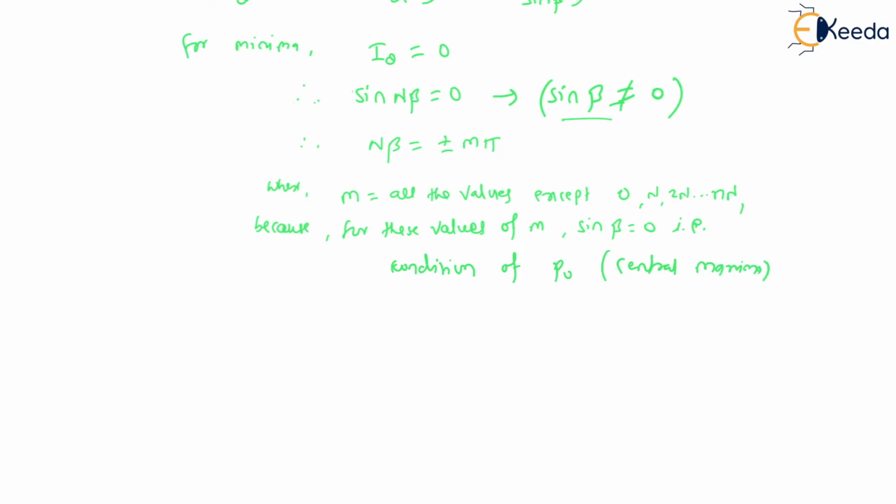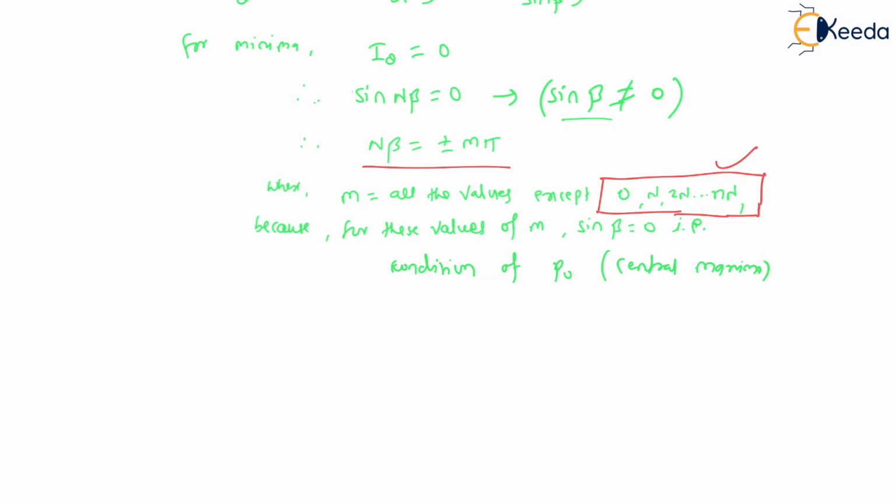So always remember this: for minima, m will take all the values except these values. Here I'll make a box over here. Except 0, N, 2N, up to small n into N. For all these values, sine beta will be 0, and ultimately that leads to the condition of central maxima or principal maxima. So now this is all about the minima.